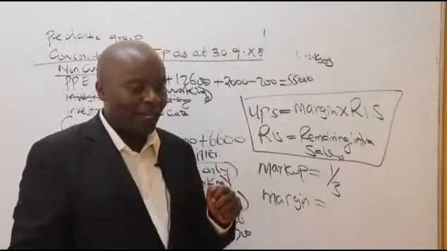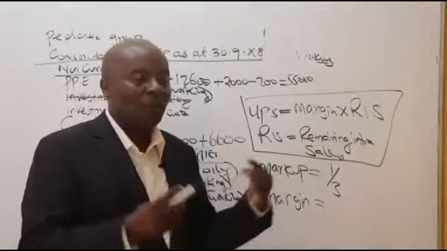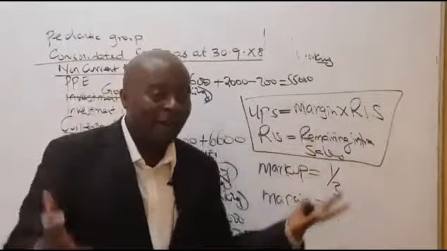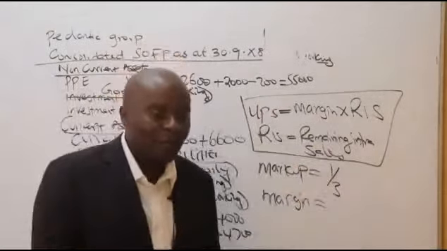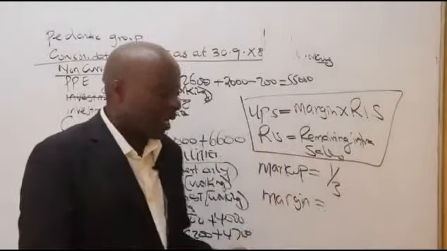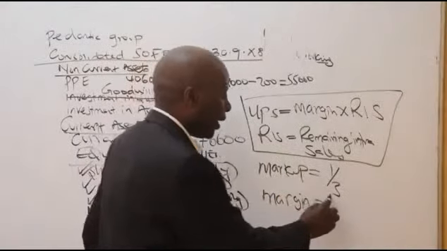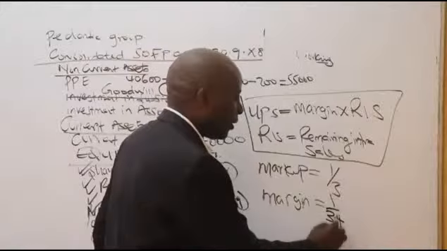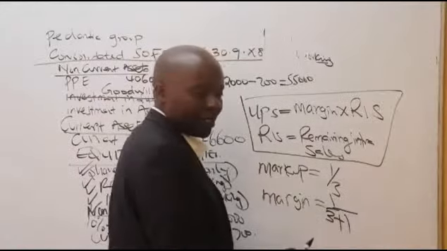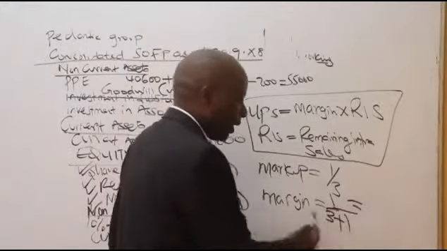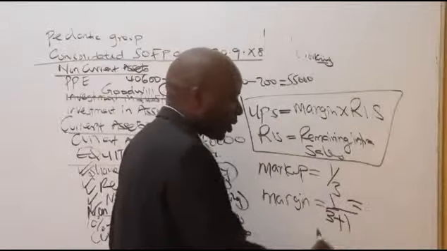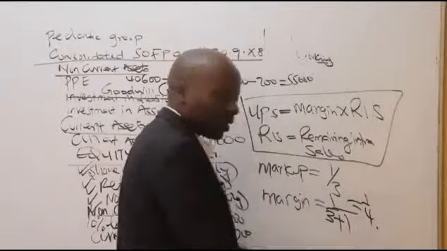A quarter. Why? Because margin must always have a bigger base, a bigger denominator. What they've done to get that quarter is take 1/3 plus 1 to increase the base of the margin. That's how they got a quarter.